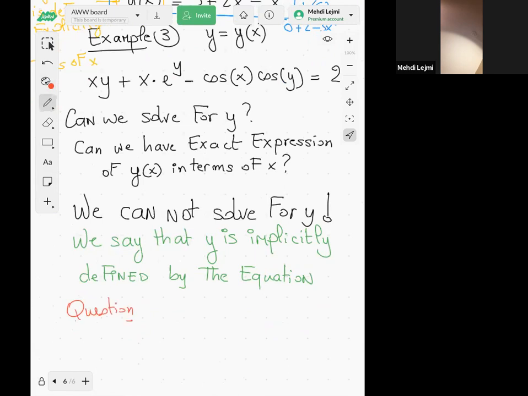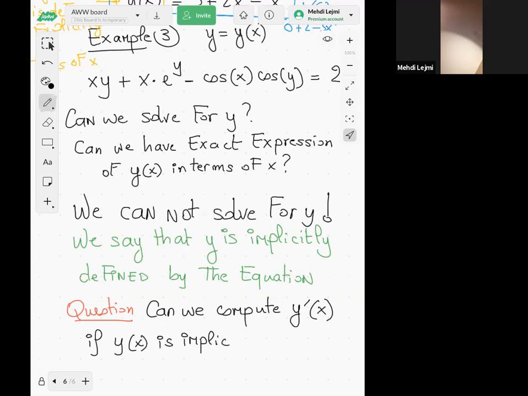So can we compute y prime of x, the derivative of y, if y of x is implicitly defined?